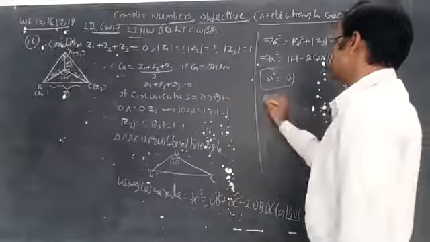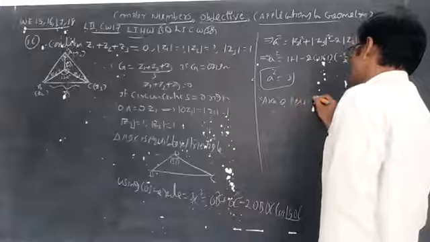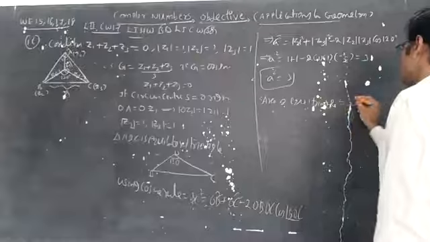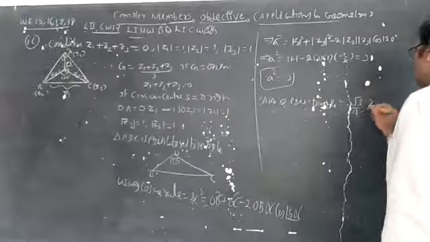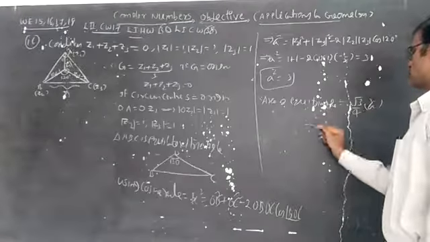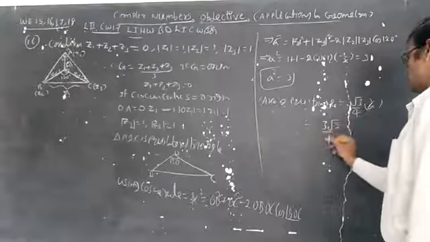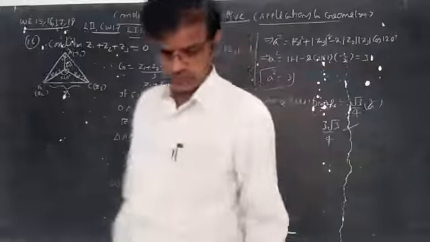Whenever the triangle is equilateral, we need to calculate the area. The area of an equilateral triangle formula is root 3 by 4 a square. So that is root 3 by 4 into 3, which you can write as 3 root 3 by 4. 3 root 3 by 4 is the area of the triangle.